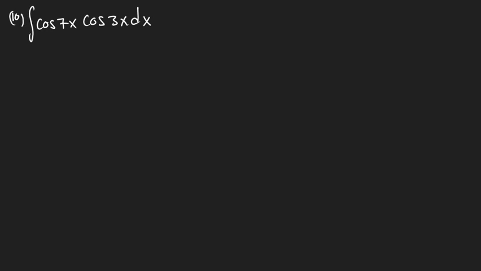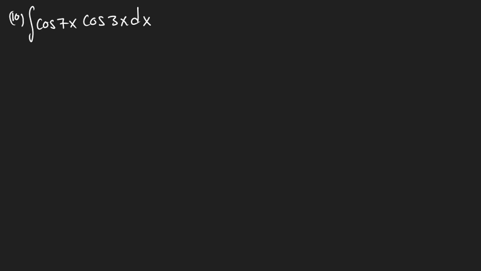How do you go about solving this particular question? Whenever you have something like cosine 7x, cosine 3x, just weird numbers, you cannot use the double angle formula. If you use it, it's going to be very difficult for you. So, how do you go about it?